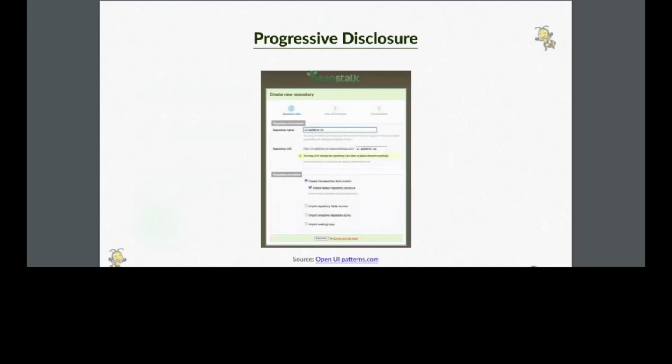A visual example here would be the step-by-step creation of a repository. We have the first step, the second step, and the third step. We see from this UI that it's broken down into three steps, helping the users to go through this information bit by bit. Another example would also be the checkout process.